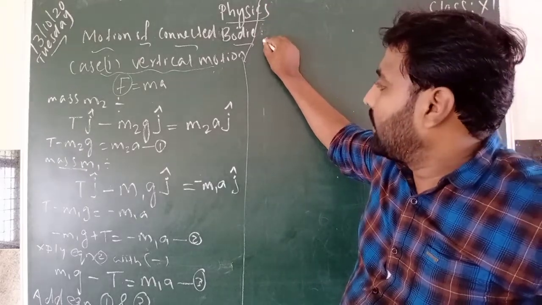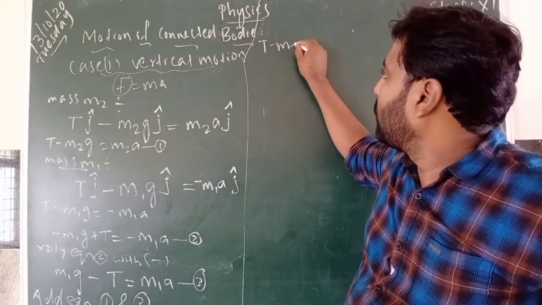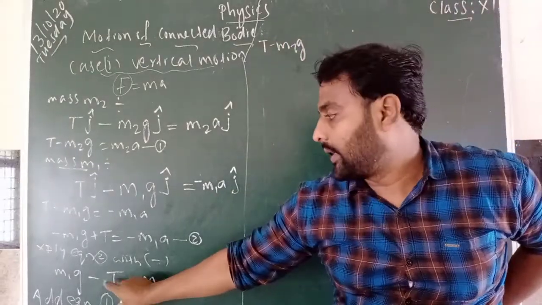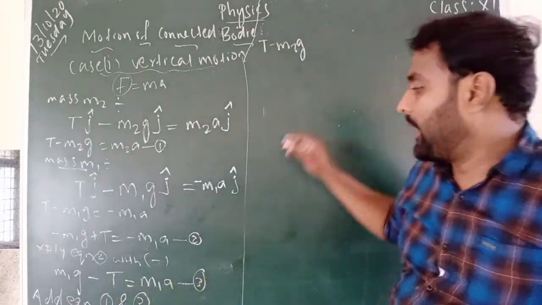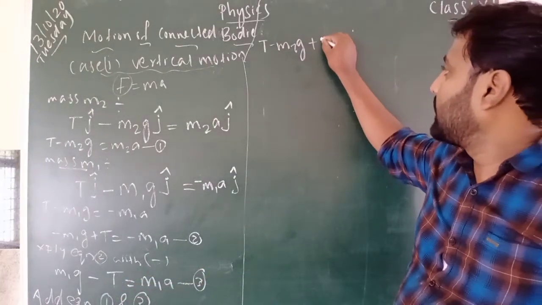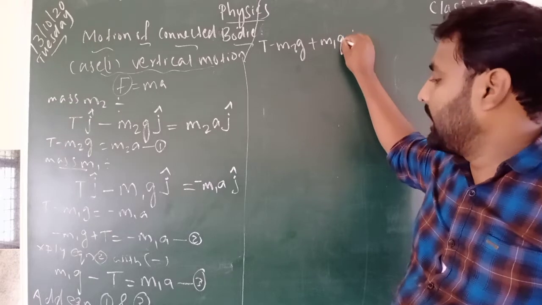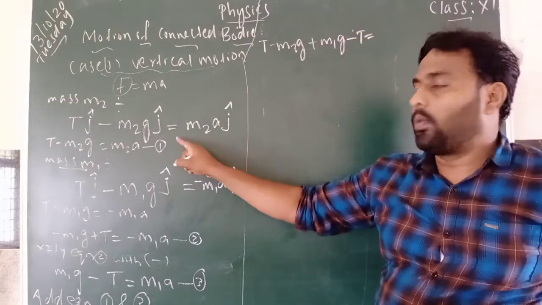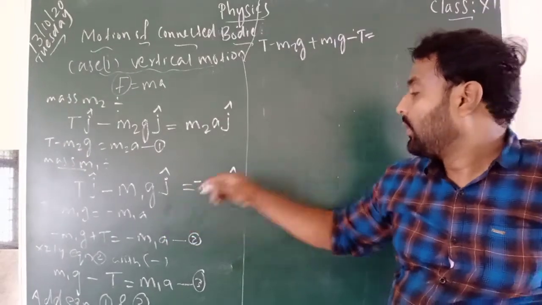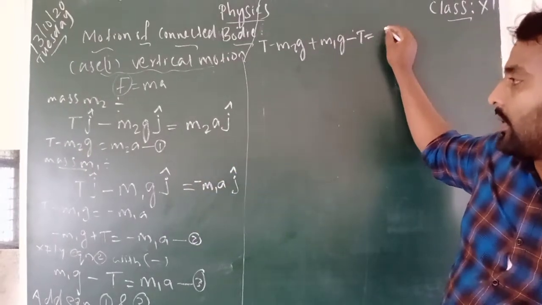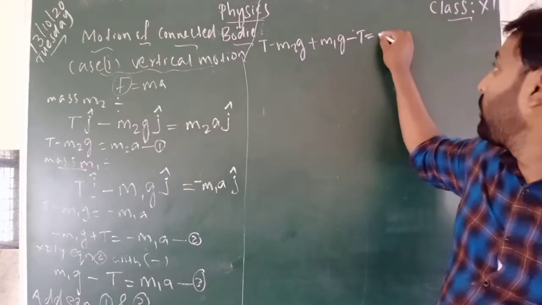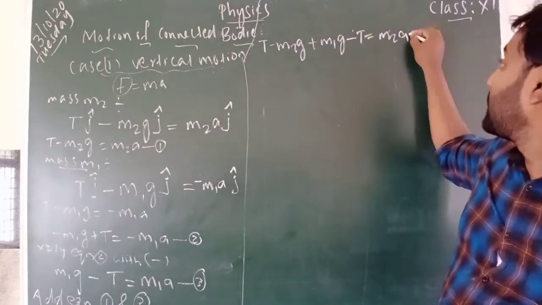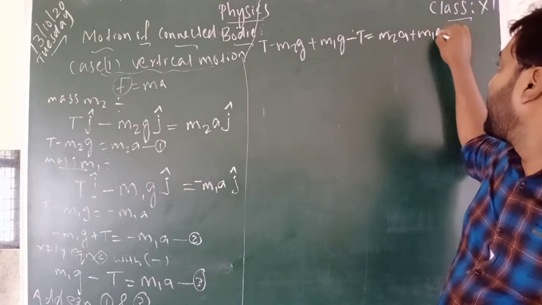Equation 1: T minus M2G. Now the left side of equation 3, you write plus M1G minus T, equal to, now on the RHS, M2A plus M1A.